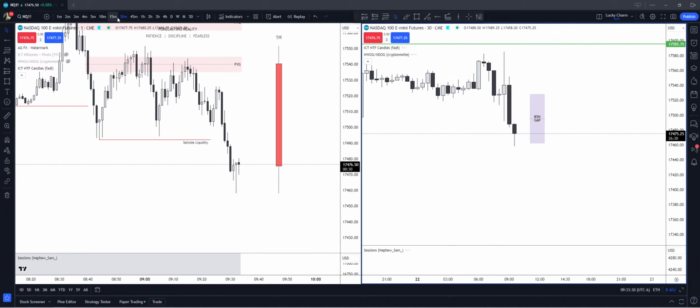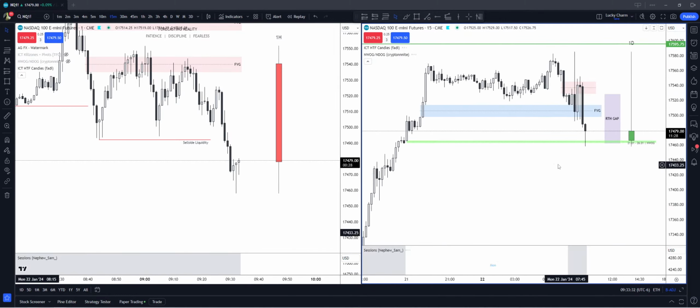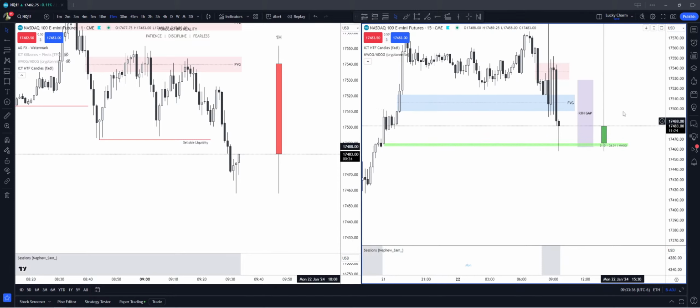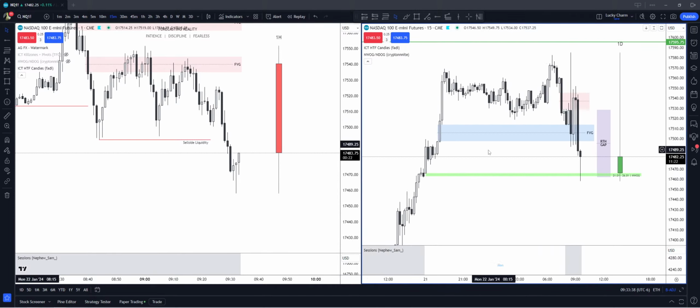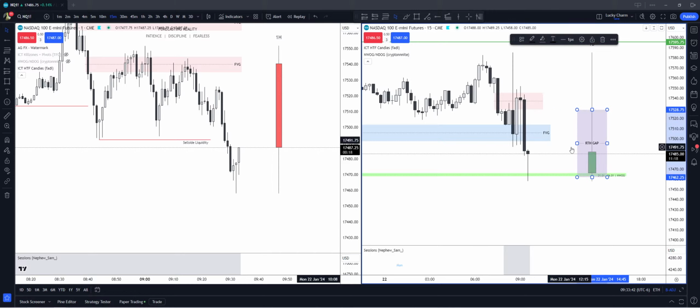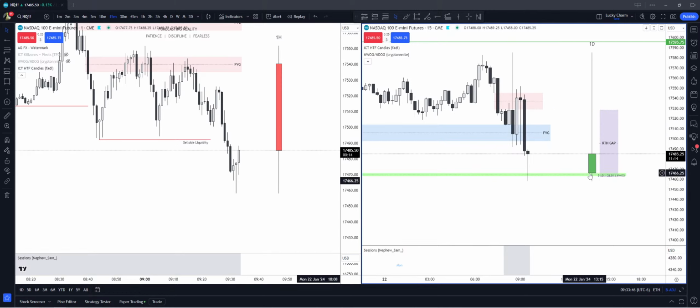We got about 30 minutes left or so of the silver bullet. So we completely closed in the RTH gap now. That was another confluent draw, at least lower today.